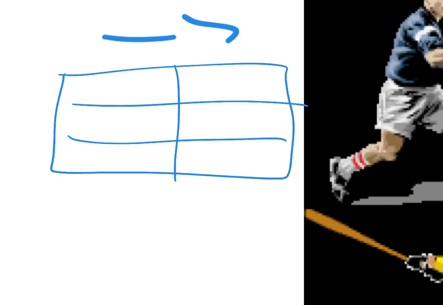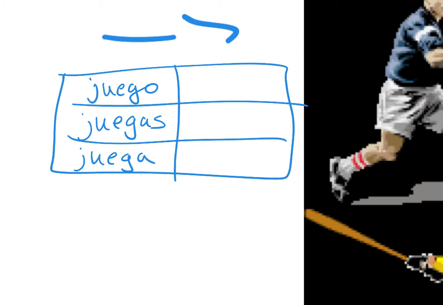All right, so it goes, oops, I made a typo right off the bat. Yo juego, tú juegas, él, ella, and usted juega. Nosotros jugamos. Okay, note that spelling change.